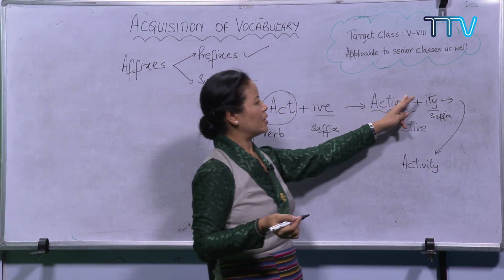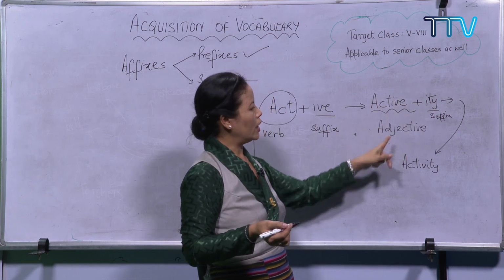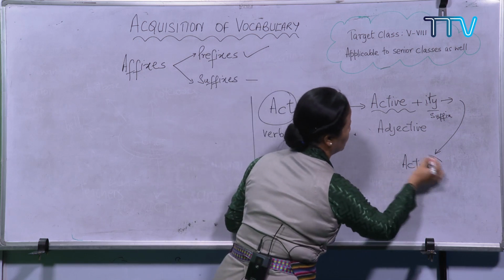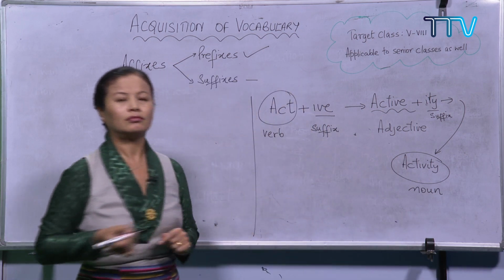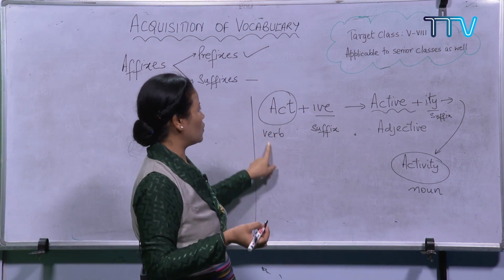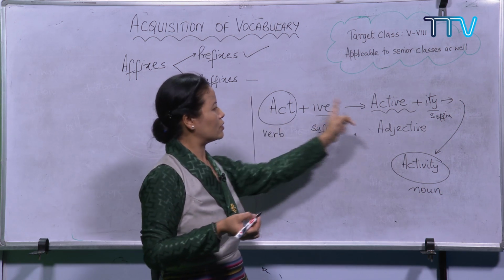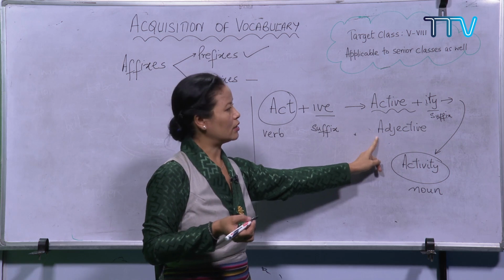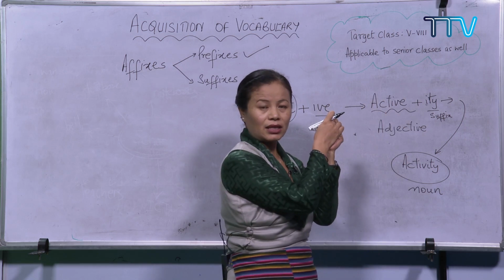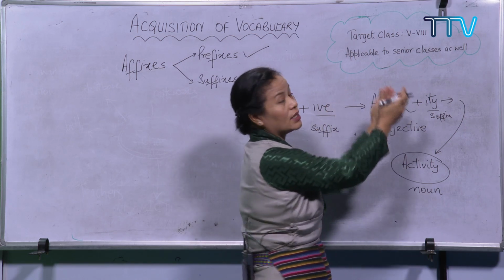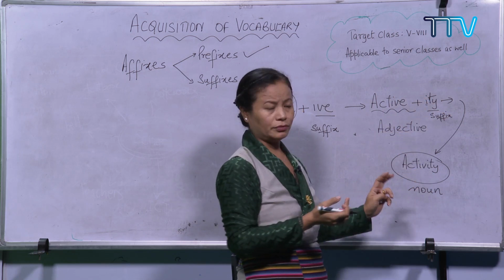We remove this E when we are adding ity: activity. This again is a noun. Act is a verb. On this verb, if we add the suffix ive, we get an adjective. And on this new word, active, if we add another suffix, ity, we get activity, which is a noun.